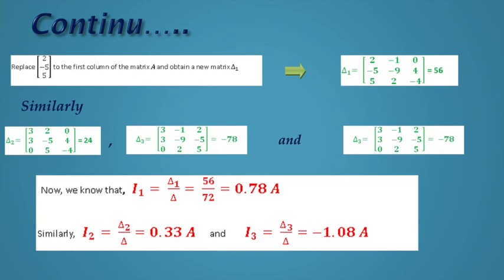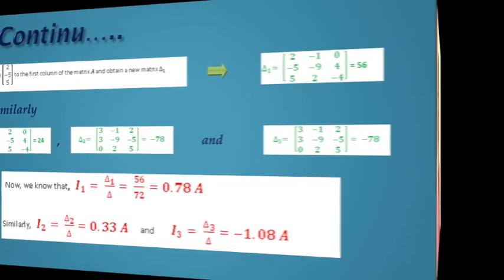Then this determinant is minus 78. Then we know that I1 equals delta 1 by delta, 56 by 72, equal to 0.78 ampere. I2 equals delta 2 by delta, then we get 0.33 ampere. And I3 equals delta 3 by delta, then we get minus 1.08 ampere.